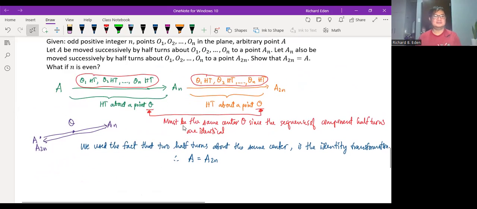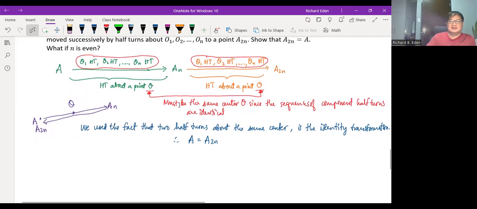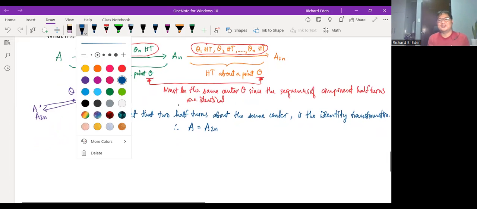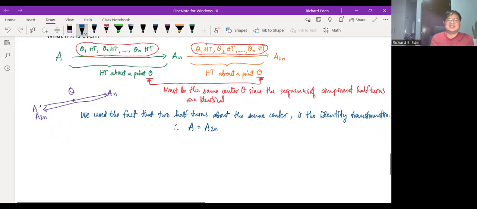A translation. There's no center, but rather what defines the translation is a vector. So the same vector points in the same direction, so it will go further. Therefore, it will not come back. So that's what's going to happen when n is even.